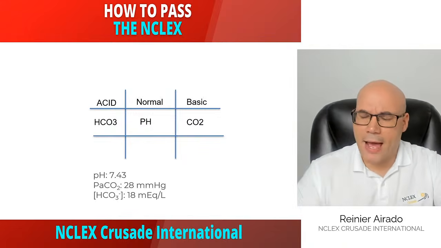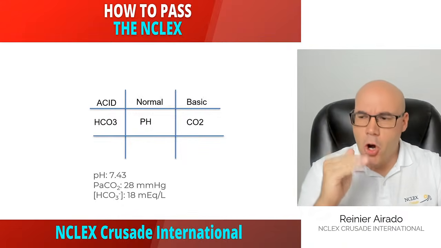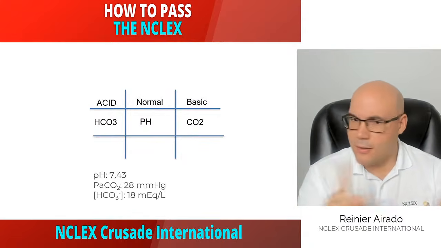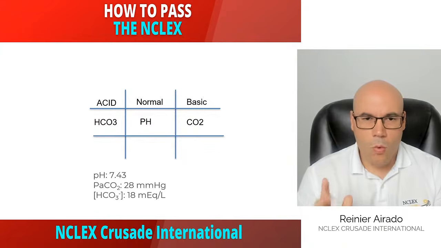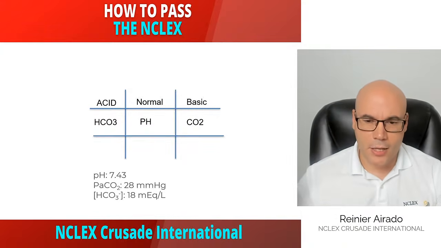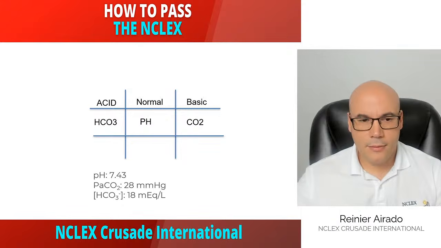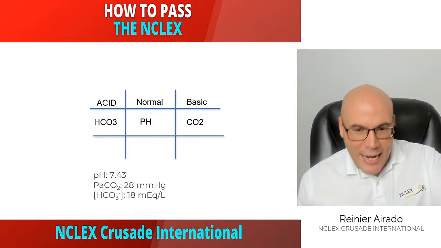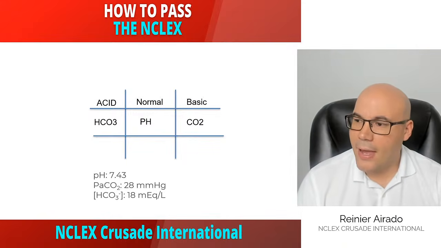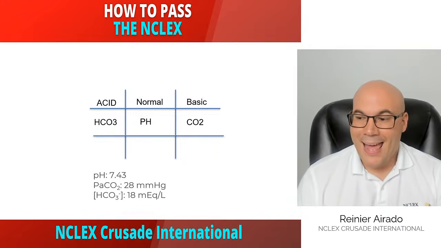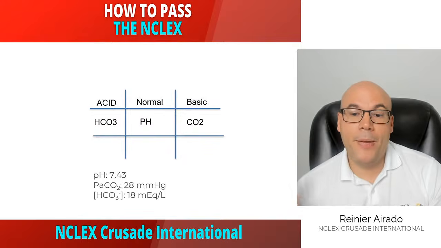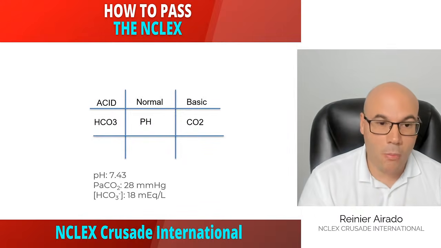So what do we have now? We have a normal pH, but the CO2 and bicarbonate are not normal. One is on acidosis and the other one is on basic, or alkalosis. What's going on? We have a balancing game between HCO3 and CO2, and the compensation is enough that it brought the pH back to normal.